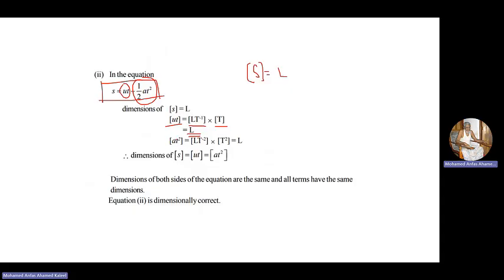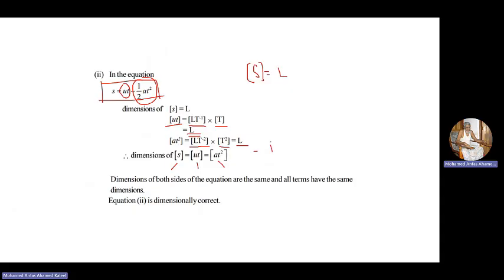The dimension of acceleration is LT minus 2, and t squared has dimension T squared. So LT minus 2 into T squared gives L. So the dimension of s is equal to the dimension of ut, which is equal to the dimension of at squared.